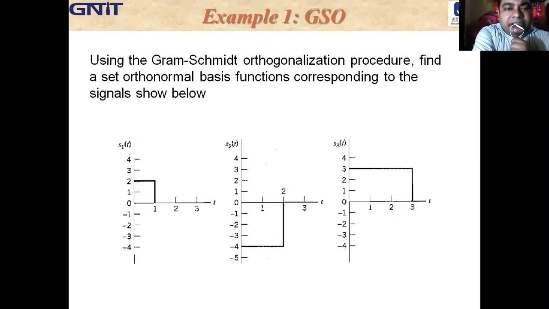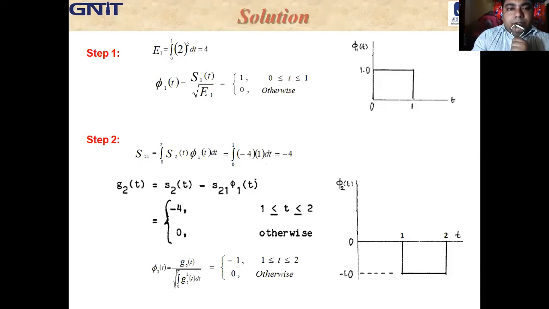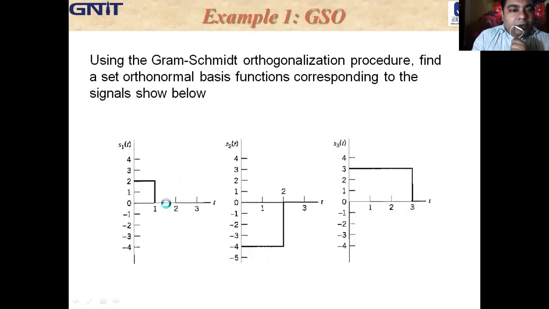So first we determine the energy of the signal. To construct the first basis function phi 1(t), we first have to determine the energy of signal s1(t). So first determine the signal energy of s1(t), denoted as E1, which is the integration from 0 to 1 of s1 squared(t) dt.